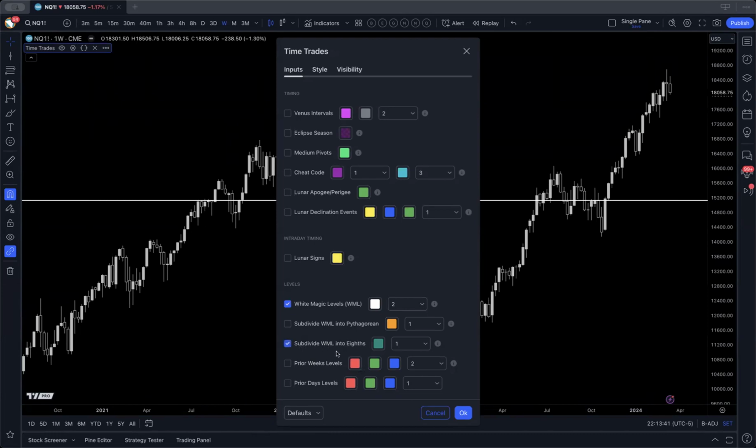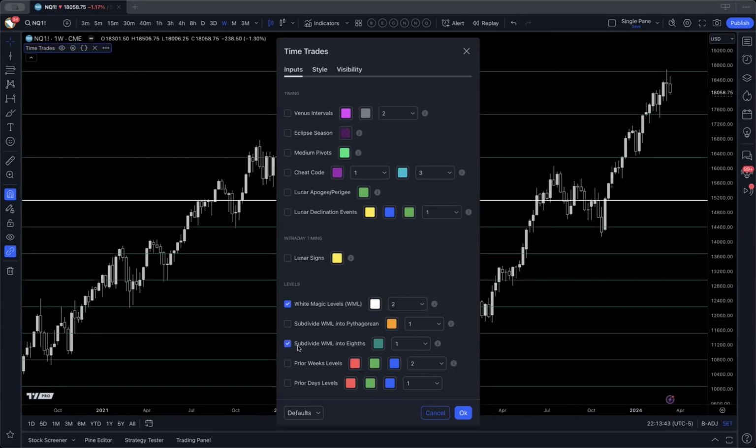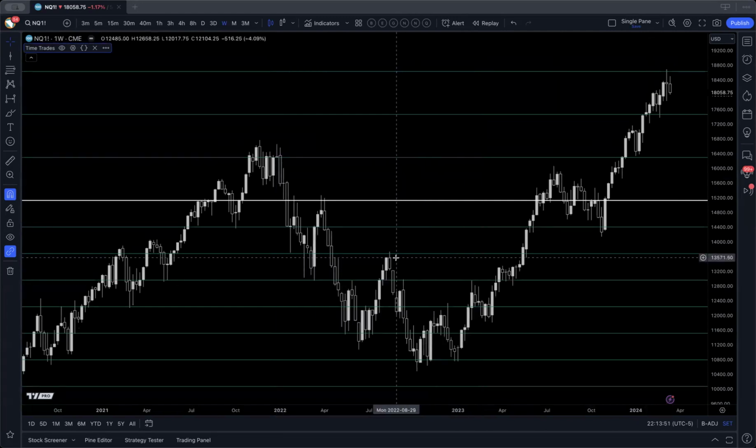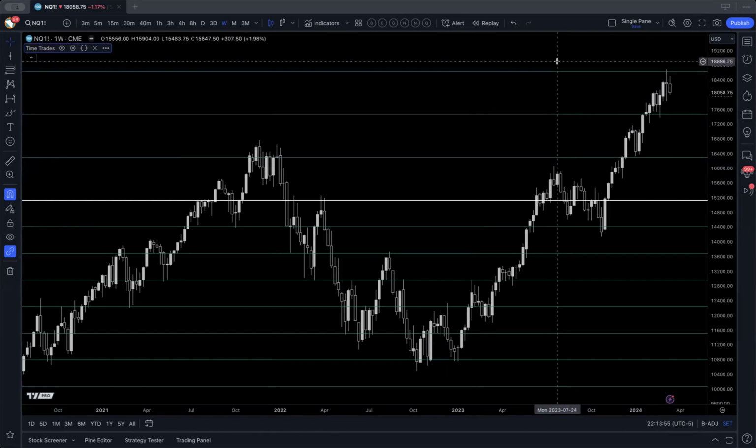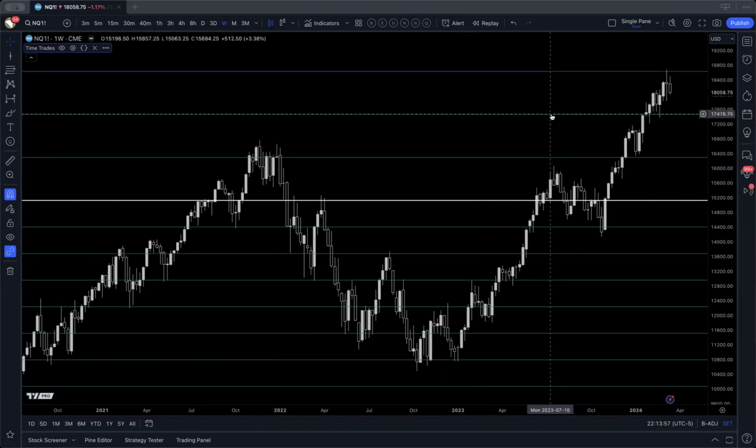I'm going to start with the latest method that I've found courtesy of another Time Trades user, subdividing white magic levels into eighths. Now, this draws basically 1/8 lines in teal between the white magic levels.